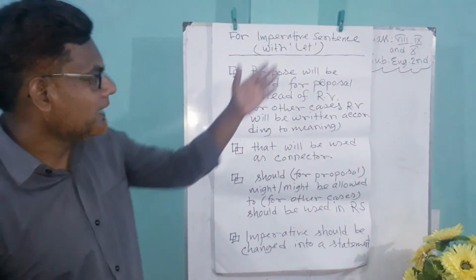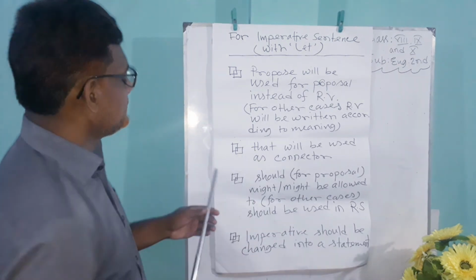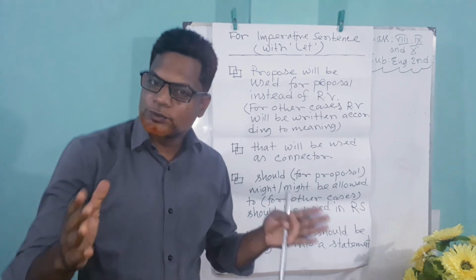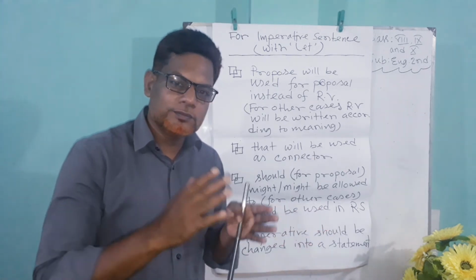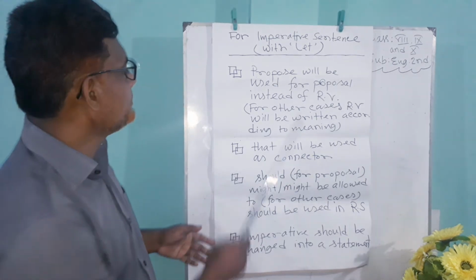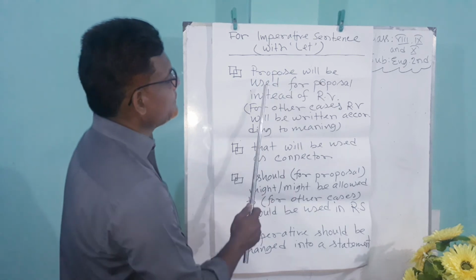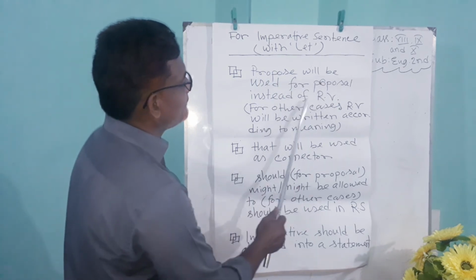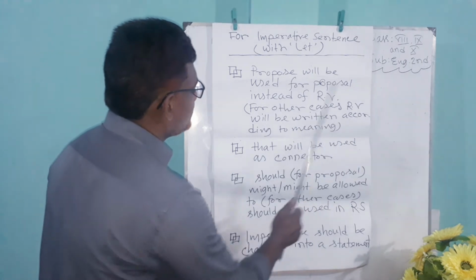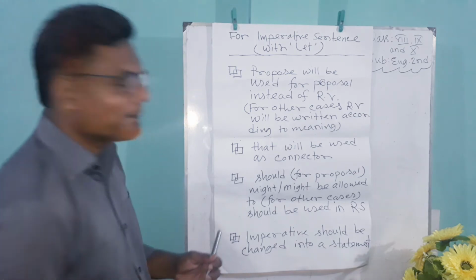Dear students, look at another poster for imperative sentences. We divided the imperative sentence into two: one is imperative without let and the other is imperative with let. Now we will see imperative with let. Propose will be used for a proposal as the reporting verb. For other cases, the reporting verb will be written according to the meaning.